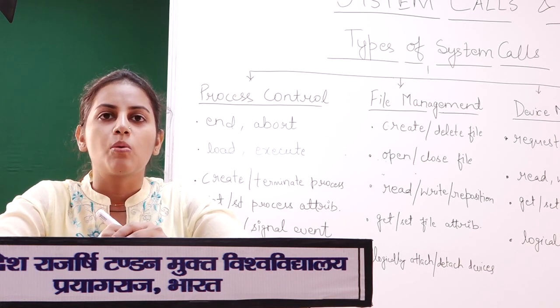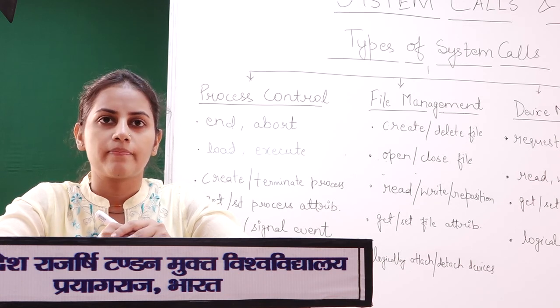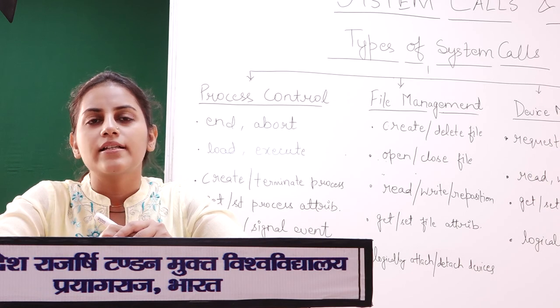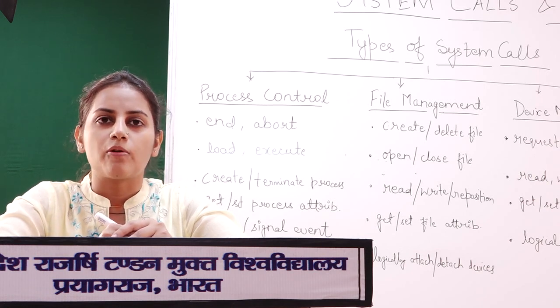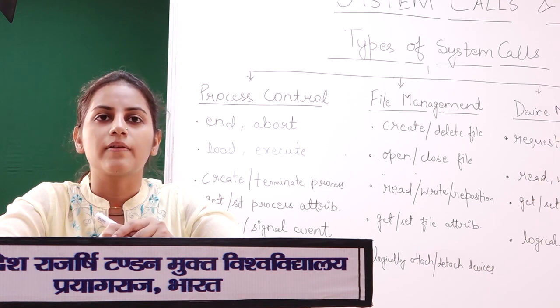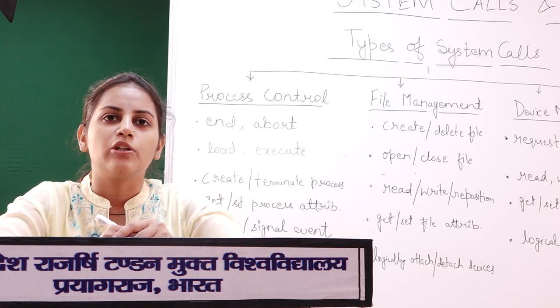We have seen what system calls are and why they are useful. Since the operating system provides all its functionalities with the help of system calls, the types of system calls are closely related to the functionalities that are provided by the operating system.